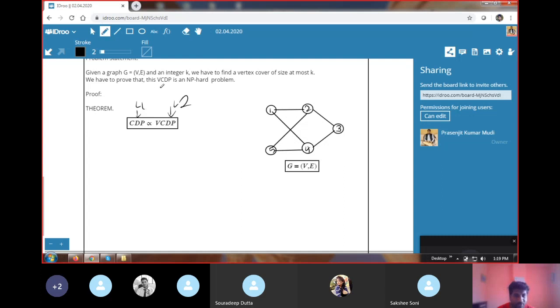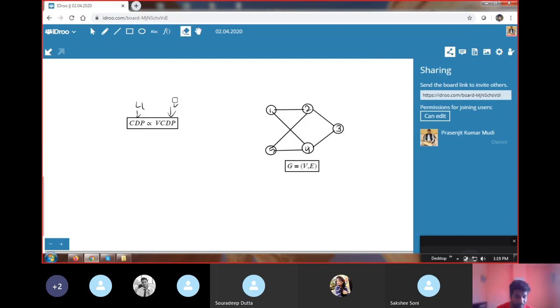That's why we want to target this theorem. Already we have a theorem and we will go for its proof that a clique decision problem reduces to this vertex cover decision problem. If we can prove this, that means we can straightforwardly say that VCDP is an NP hard problem. So let's go for it, proving this theorem.